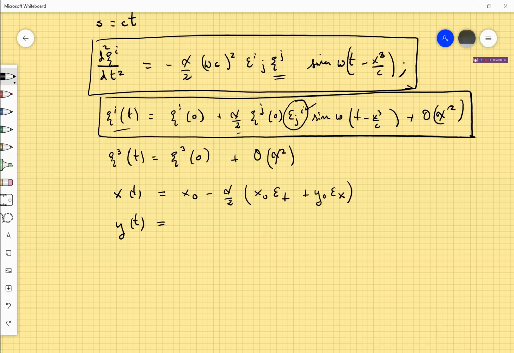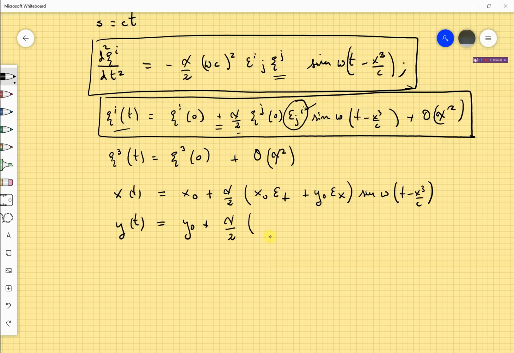And there is a sign which should be plus, if this is the same sign that you get here, and sine omega t minus x3 divided by c. And here this psi 2 of 0 we call y0, and then there is chi over 2.